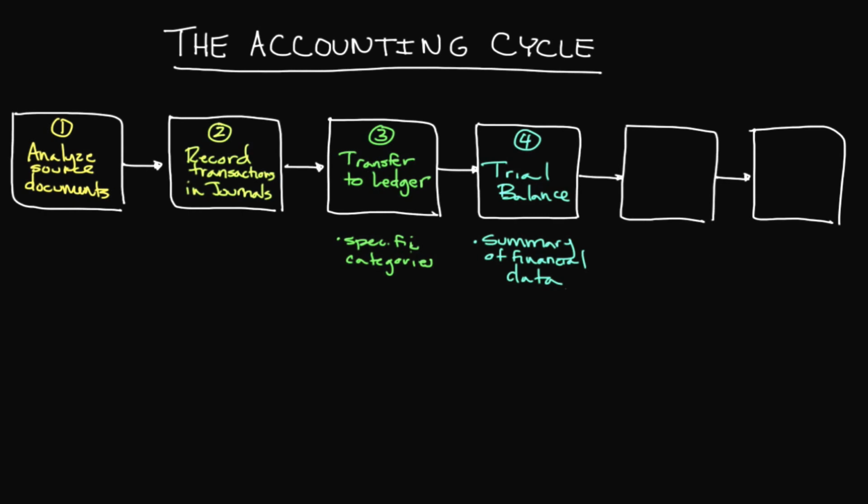Now, the 5th step in this process is to prepare financial statements, and this is rather self-explanatory. If you're utilizing some kind of software, assuming that we've taken a look at all of the source documents and categorized them effectively, and assuming that we've recorded them accurately, and then of course transferred them into the ledger and looked at the trial balance as a quality assurance mechanism, preparing financial statements should be rather simple, especially with today's technology.